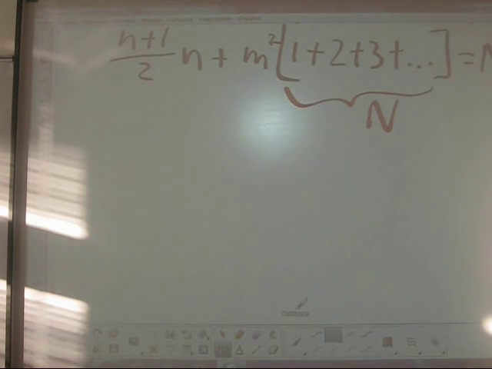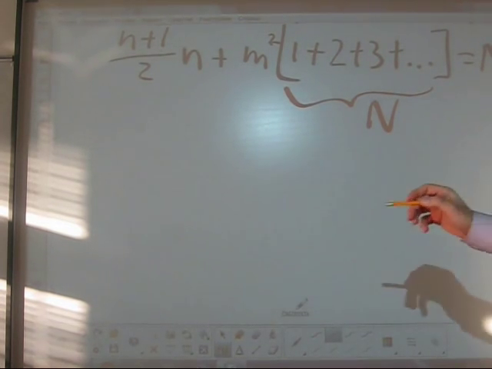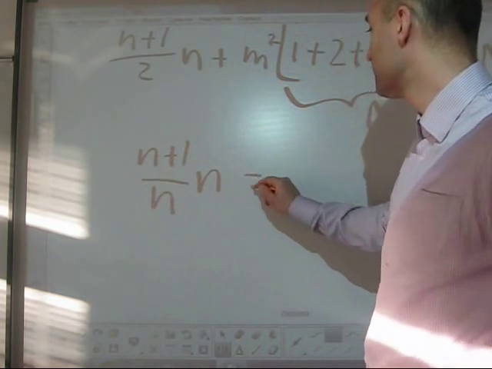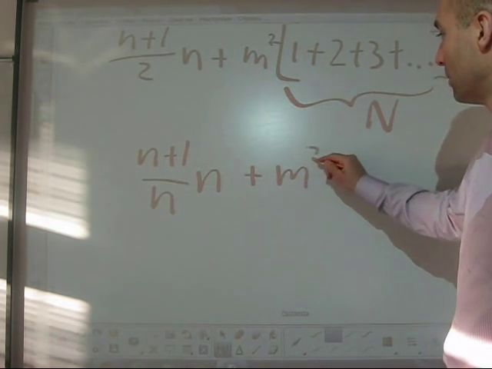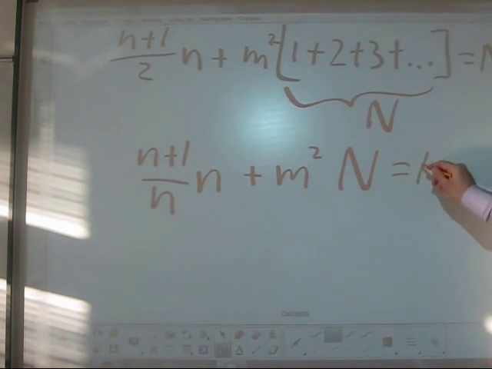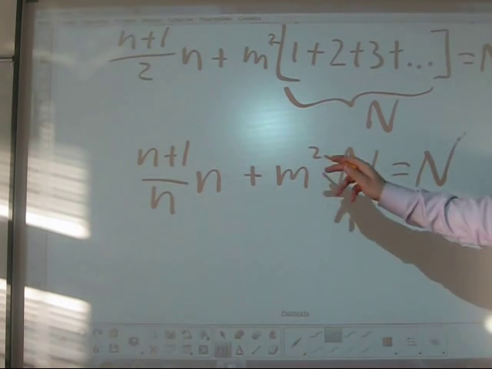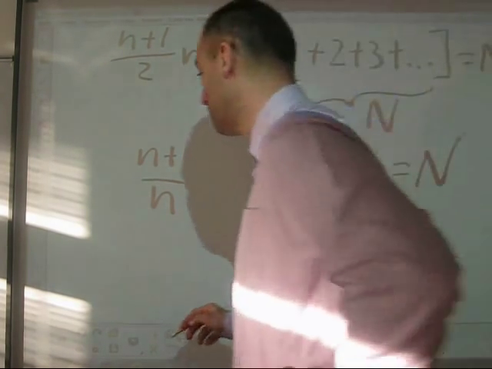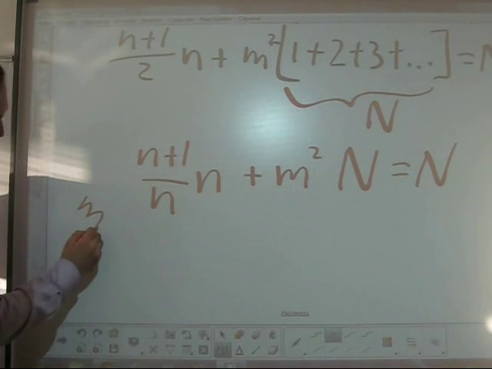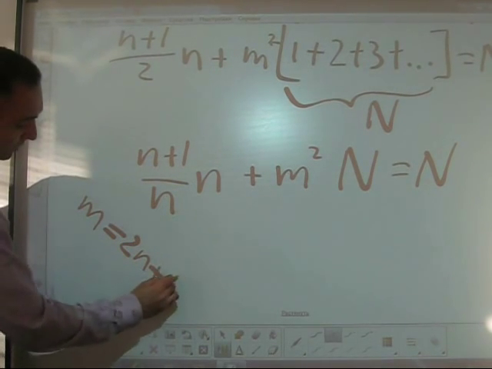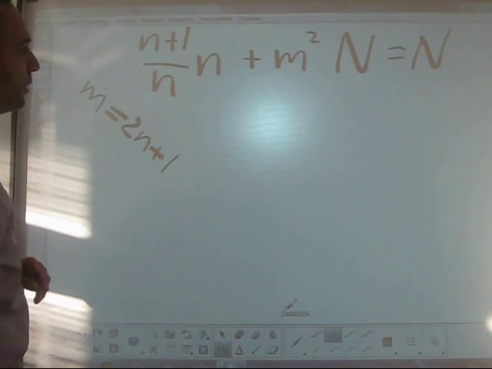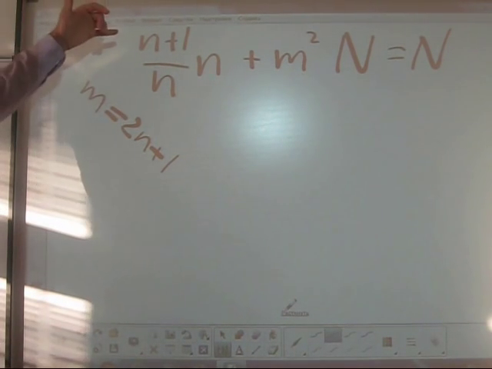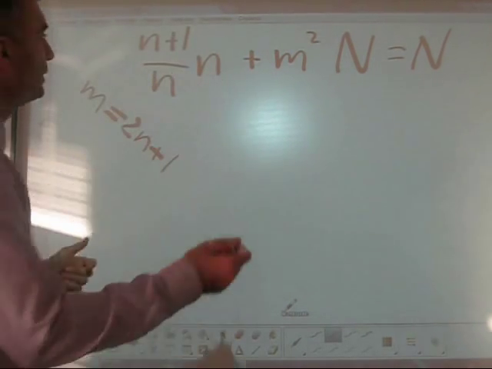So now if we replace it by this, and also I want to replace m after all, because I know that m is 2n plus 1. Then I can express n again.